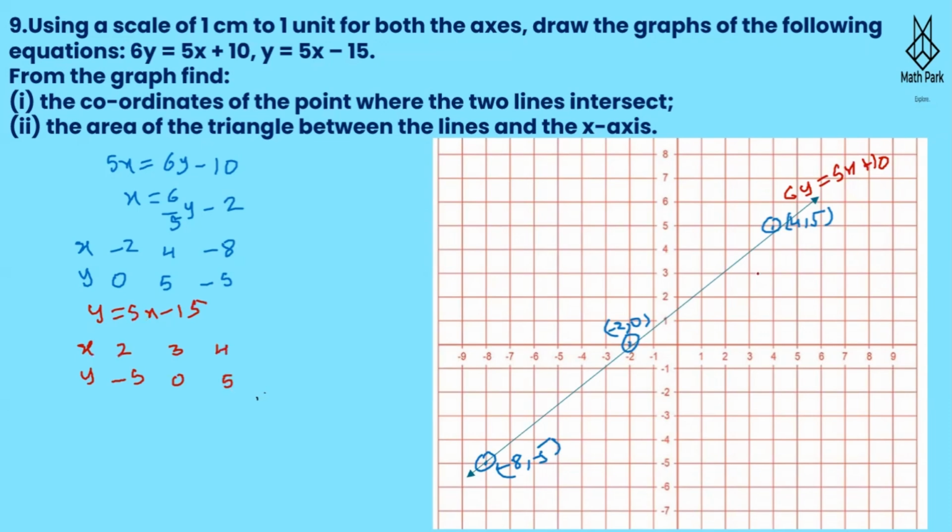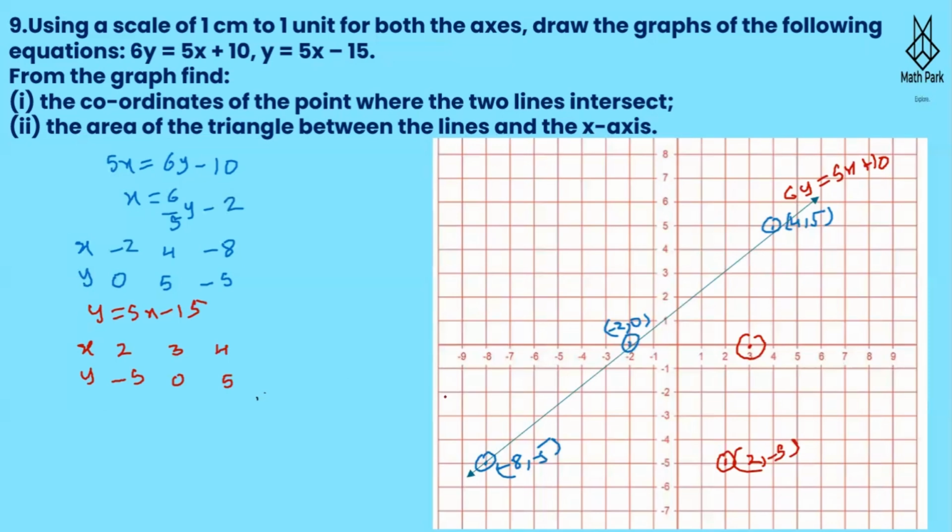So let us draw this now. So we have (2, minus 5). So x is 2 and y is minus 5. This is your (2, minus 5). Then you have (3, 0). So x is 3 and y is 0. And (4, 5) is the common point.